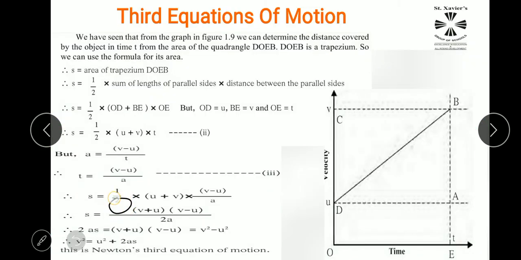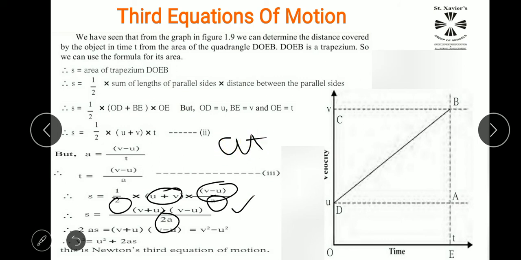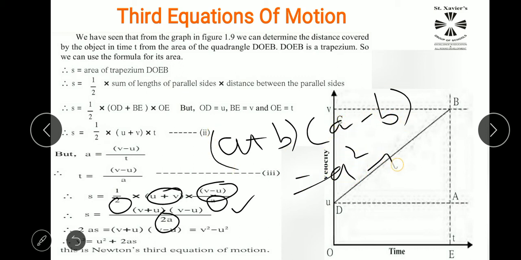Half and A will go in the denominator, so we'll have 2A in the denominator. Now V plus U and V minus U in the numerator. Students, we know the formula A plus B into A minus B is equal to A square minus B square. This formula is known to us, we have learned it in algebra. So the same will happen here. V plus U, V minus U.